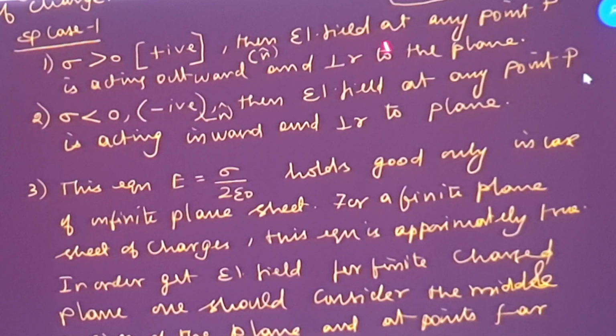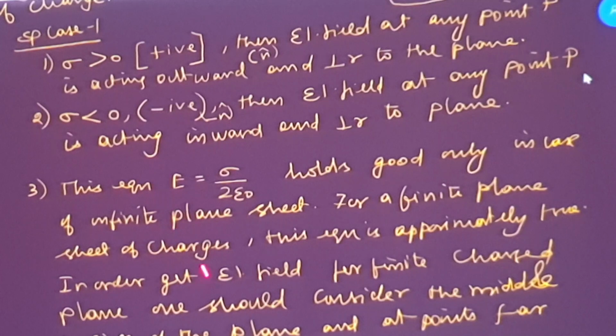And when you are considering this equation, E is equal to sigma by 2 epsilon 0, this equation holds good only in the case of an infinite plane sheet of charge. But if you are having a finite plane sheet of charge, this equation is not exactly true. This equation is considered to be approximately true.